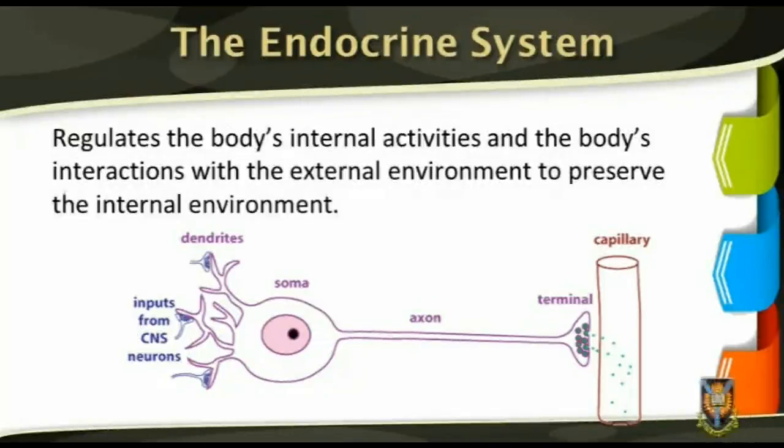It is exquisitely self-regulating, so that any disruption of the normal internal environment by internal or external events is resisted by powerful countermeasures. When this resistance is overcome, illness ensues.